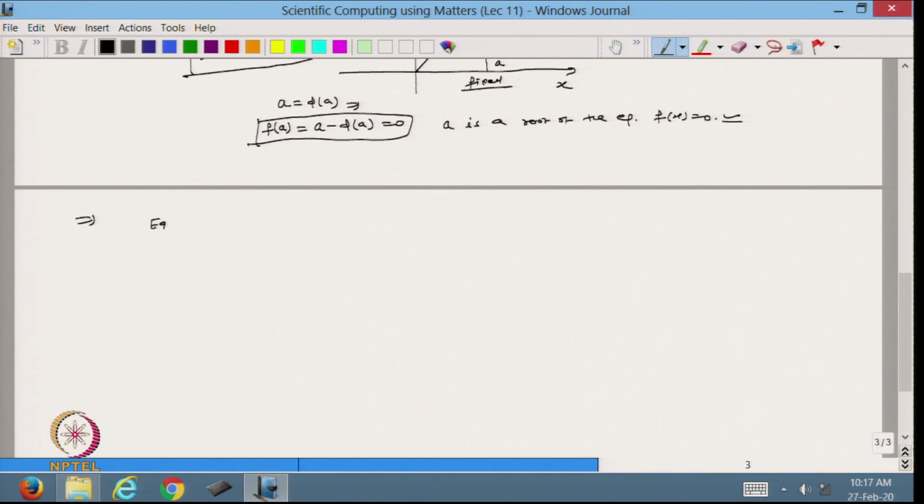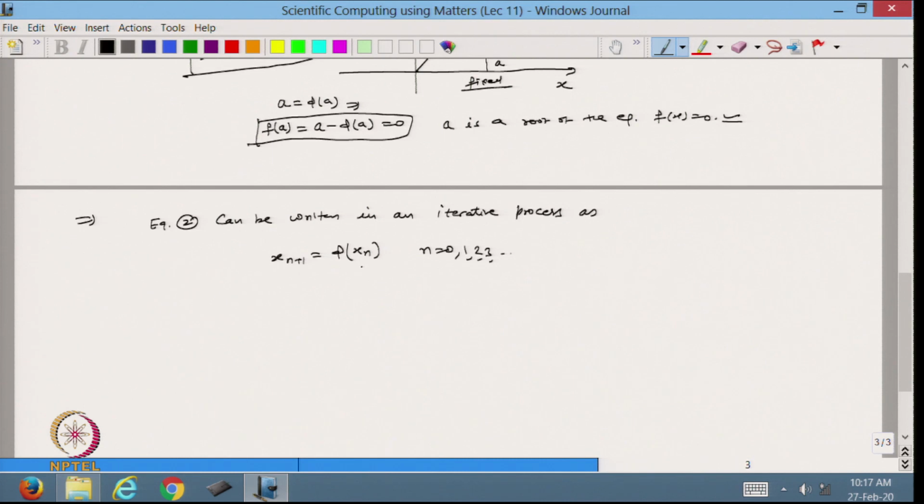Equation 2 can be written in an iterative process as x n plus 1 is equal to phi at x n, where n is starting from 0, 1, 2, 3 and so on.